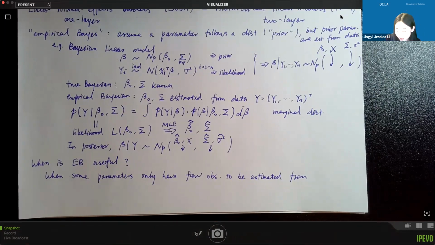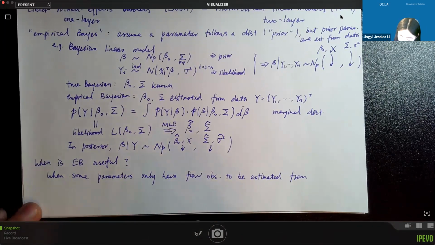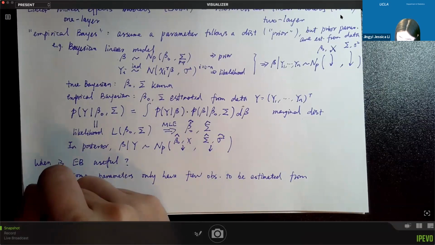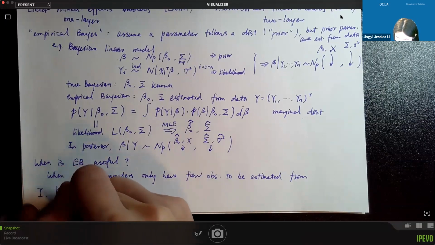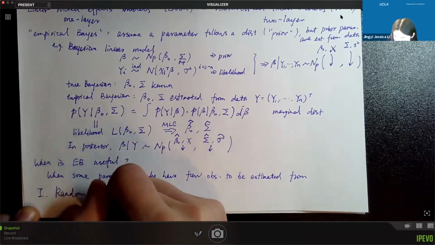So to help you understand this, we will talk about the first and simplest type of linear mixed effect model. That is what we call the random intercept model. So that will be the first model we will talk about to start our discussion.